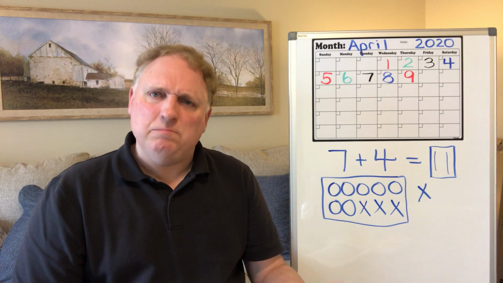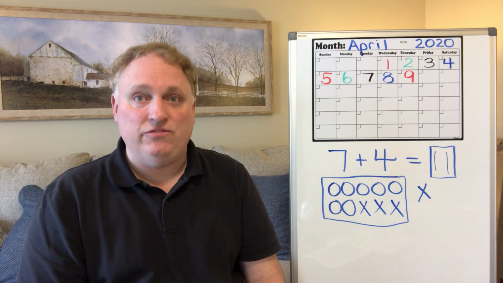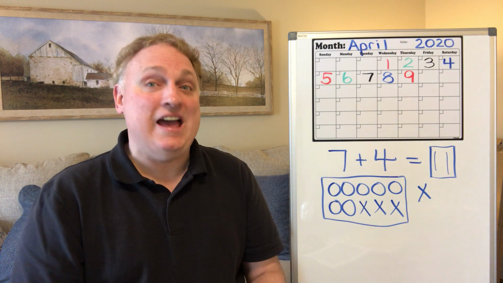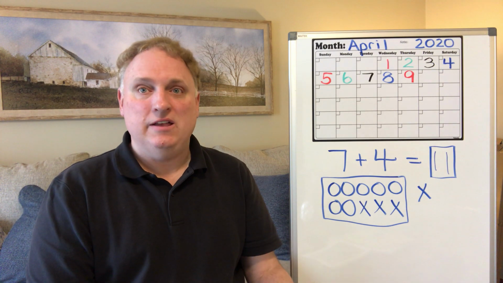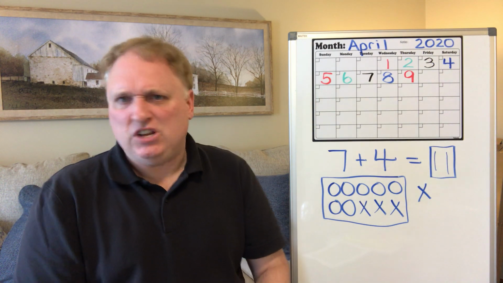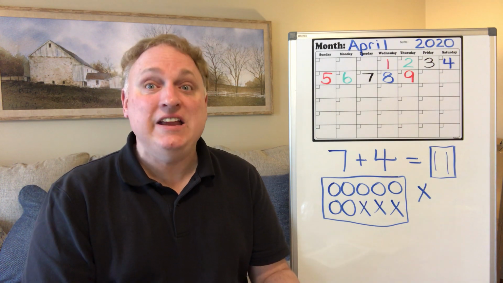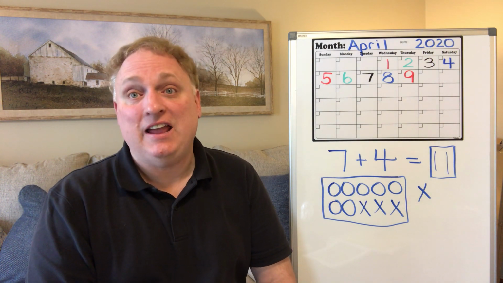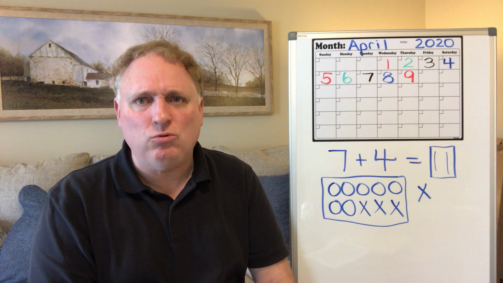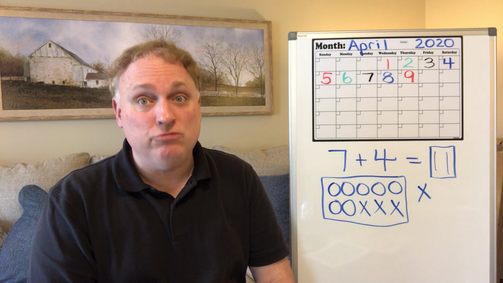Making predictions is kind of cool, because sometimes you'll do it during a story and you'll think, I'll bet this is what's going to happen next. And then you read the book to see if that's actually going to happen. So making predictions is a really cool thing that really good readers do.